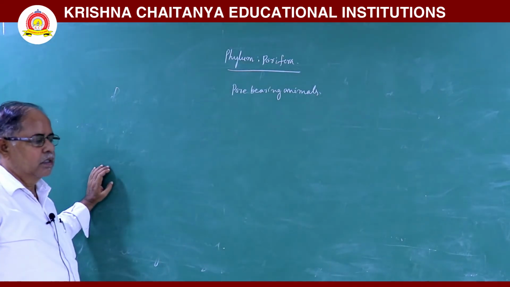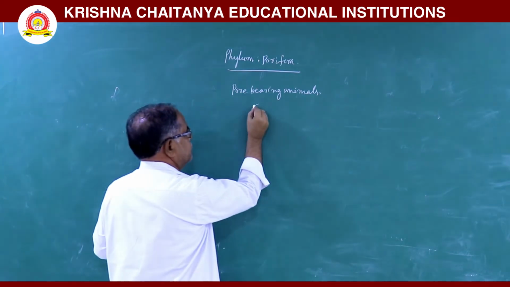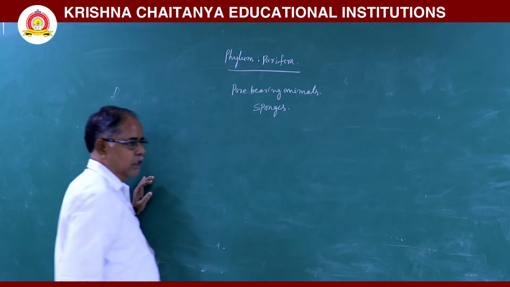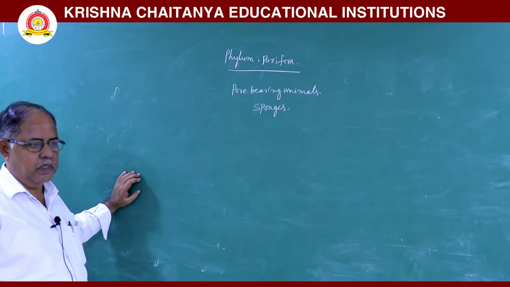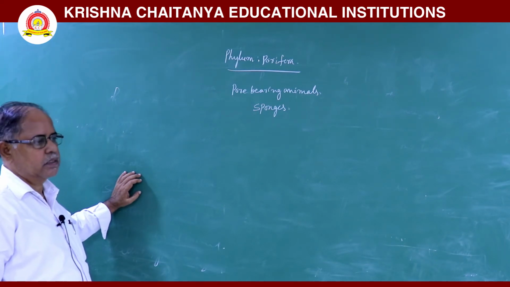They are generally called sponges, because the body looks like a sponge. That's why these animals are generally called sponges.